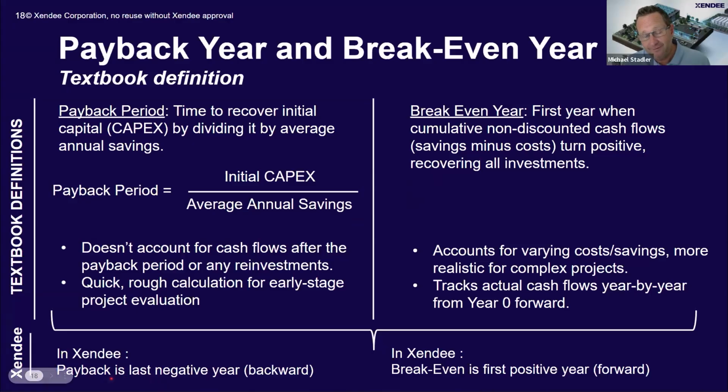And then the break-even year, which is a little bit more detailed, is actually the year where the cumulative non-discounted cash flow turns positive. And this is why I was explaining the non-cumulative cash flow at the beginning. Basically, the break-even year is where your capex is the sum of the non-cumulative cash flows, right?